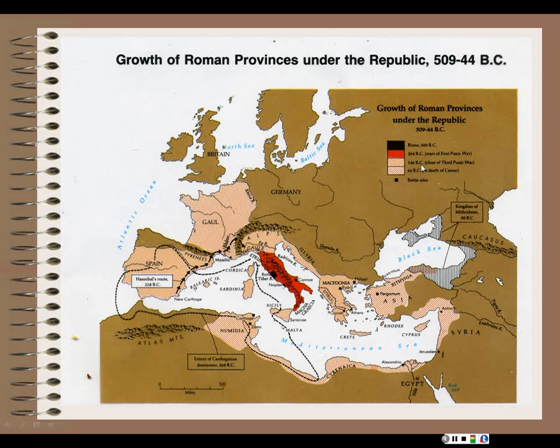And then by the close of the Third Punic War, it included everything that is slashed this way. And then by the death of Caesar, it included everything slashed this way, because, as we know, Julius Caesar was involved in expanding the empire in places like Gaul and over here in the Near East, right?